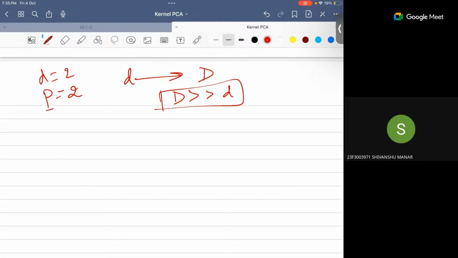If you increase the p value to 100, what value will you get? Some 100 choose 2, or something like that. That will be very high, right? That dimension will be very high, around 1000 dimensions. Is this clear to everyone? How we are going to some bigger dimension?